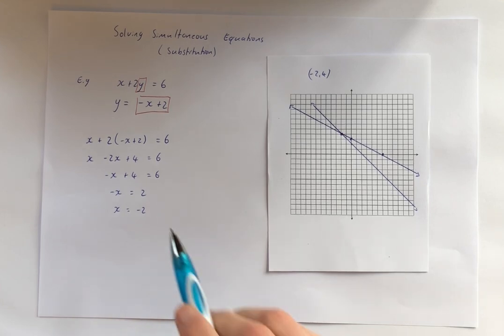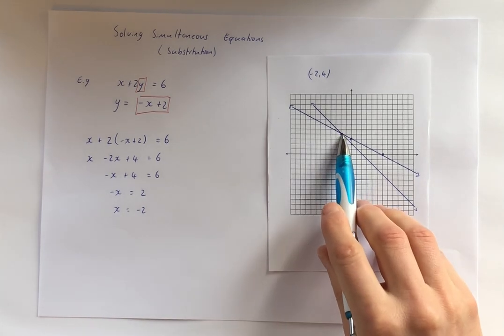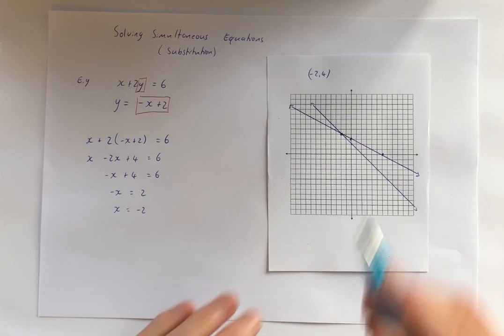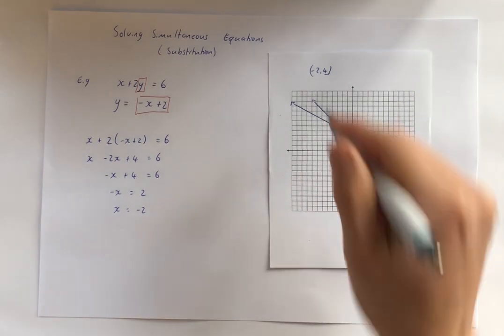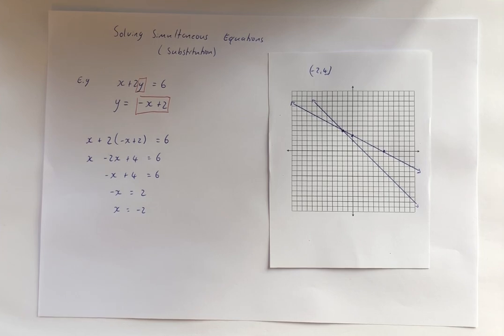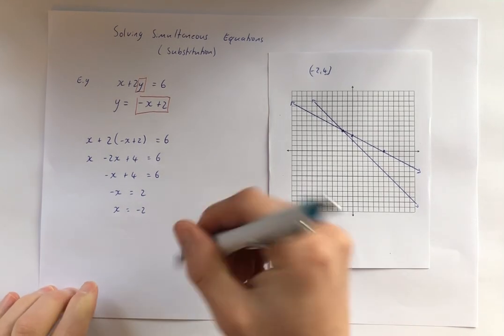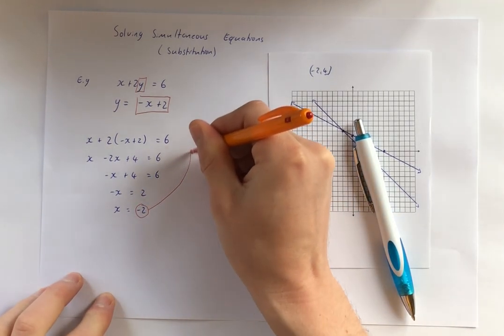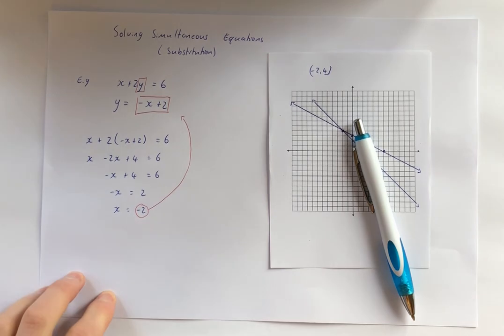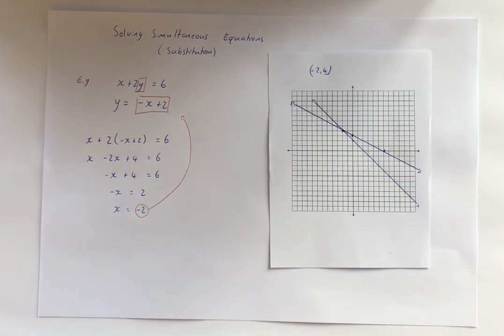Okay, well if x is negative 2, we need to still find this corresponding y value. We think it's 4 by looking at this graph, but later on at higher level linear equations, those points aren't going to be as obvious, especially if you've graphed them kind of averagely, like I have. Okay, we need the y. We just have to take this value of x, negative 2, and plug it back into either of those equations.